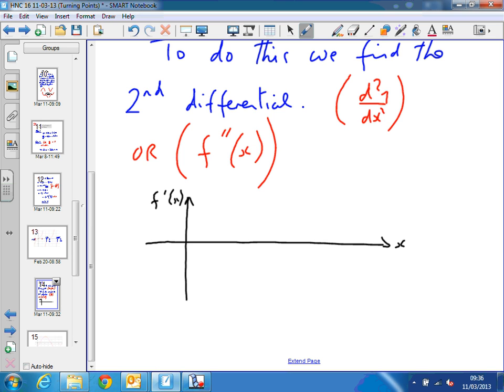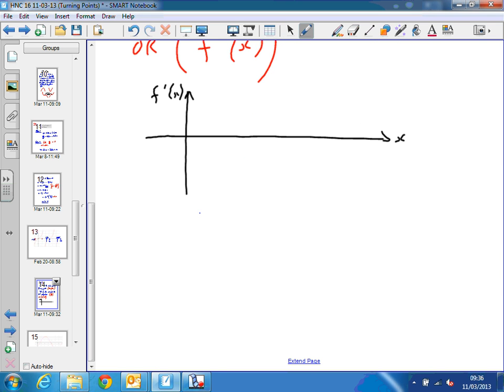And what we're saying is that if we look at the maximum and minimums, just sketch them here, we can see that for a minimum, the gradient is going from the negative side to the positive side, isn't it? Okay, the gradient is going from negative to positive.